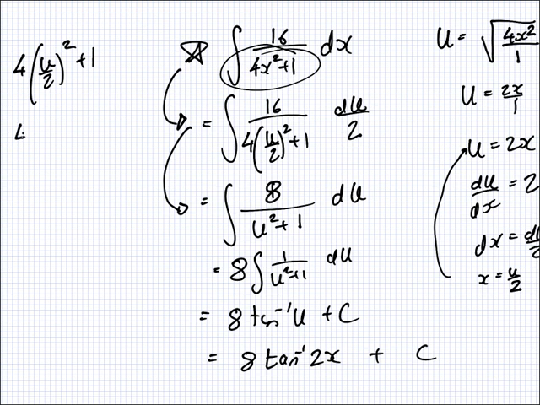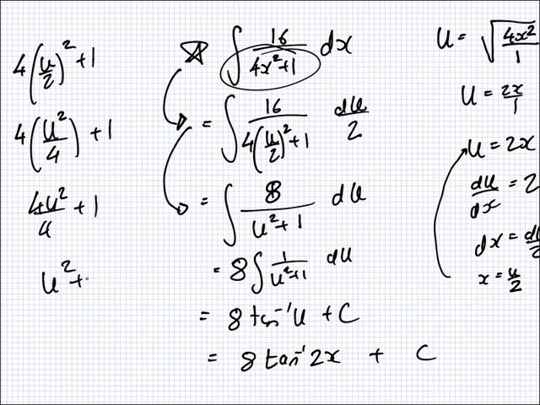I change this into 4u squared over 4, because I can put the square inside, so that's 4u squared over 4 plus 1. Of course the 4's cancel, and that's u squared plus 1. So that's how this denominator changed into this denominator. Is that okay for you? Okay, can we go on to the next example?